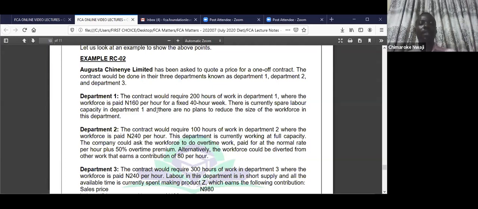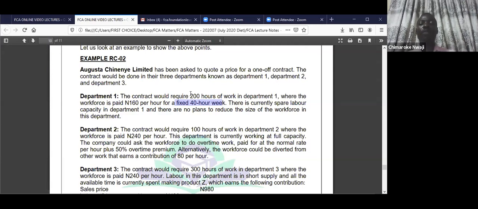And when you see the word here, fixed 40-hour week, the word fixed can be replaced with guaranteed. That means they are paying them salary for the time that they use there. So they're not paying them hourly.